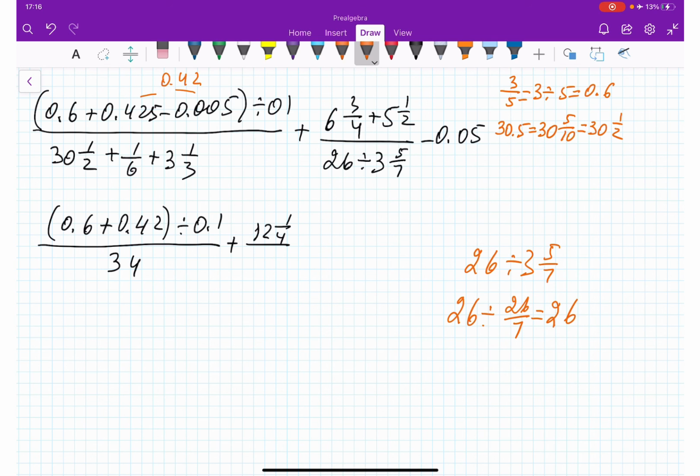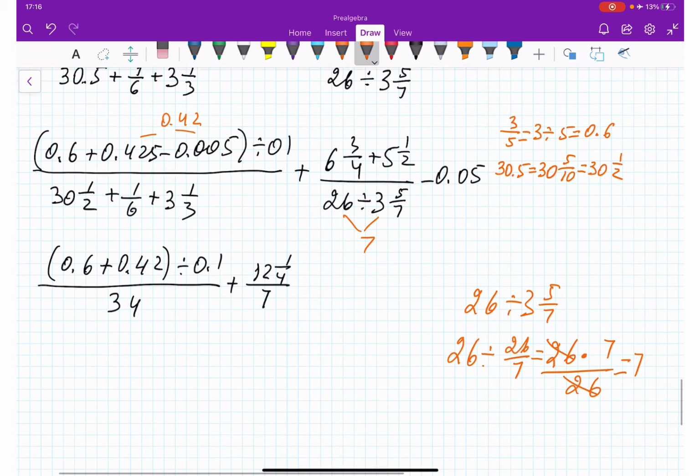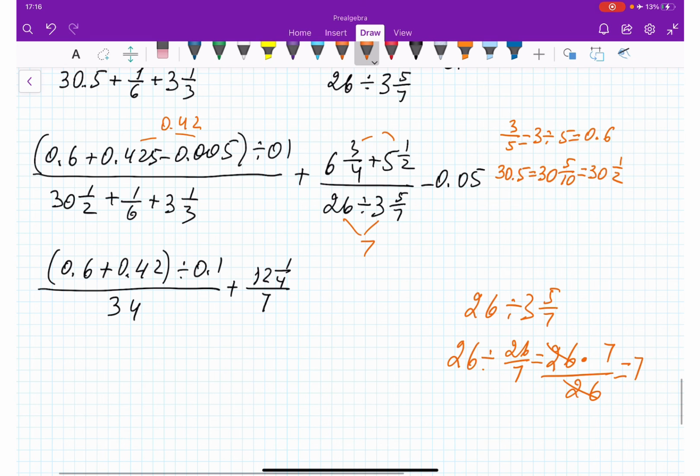That's equal to 26. I'm flipping, 7/26. This is gone and I'm getting 7, right? So here I'm going to get 7 because this is equal to 7 and this is equal to 12 and 1/4.